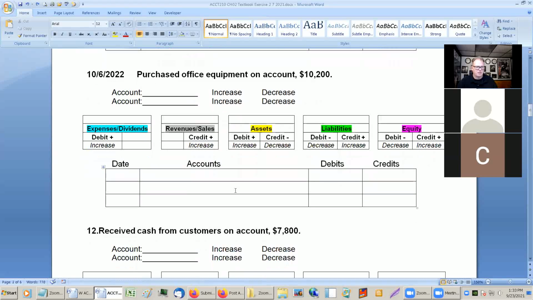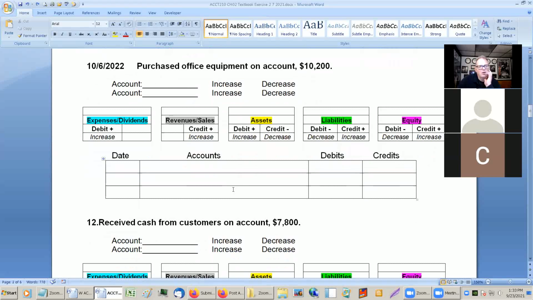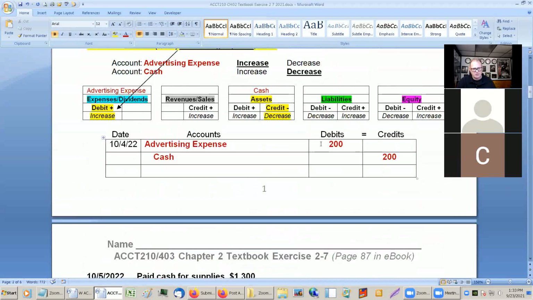Number 6. Purchased office equipment on account. What accounts are we going to use? Equipment and cash. Yeah, now this one's a little bit tricky, just because we already have what they call the chart of accounts.